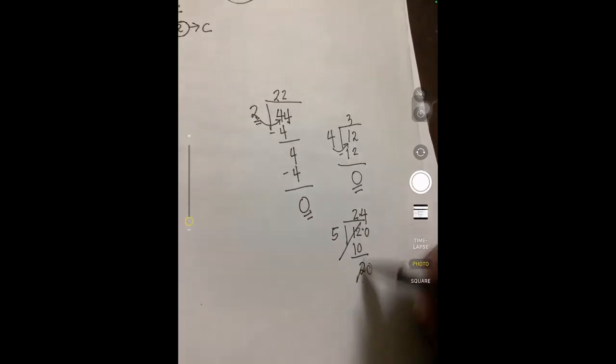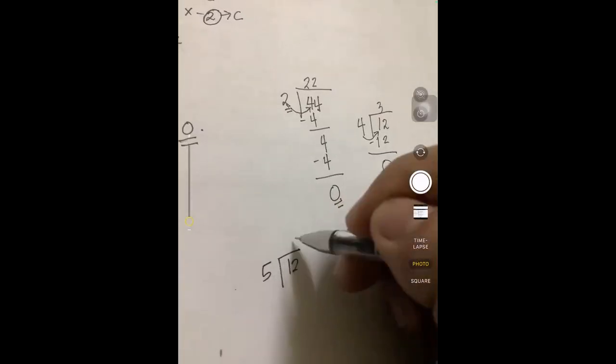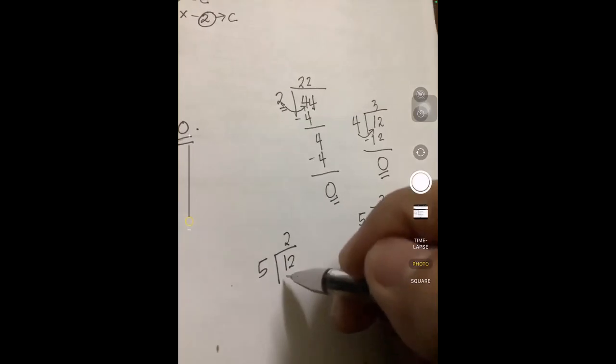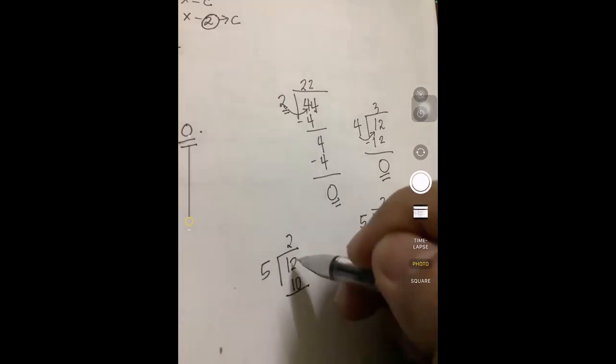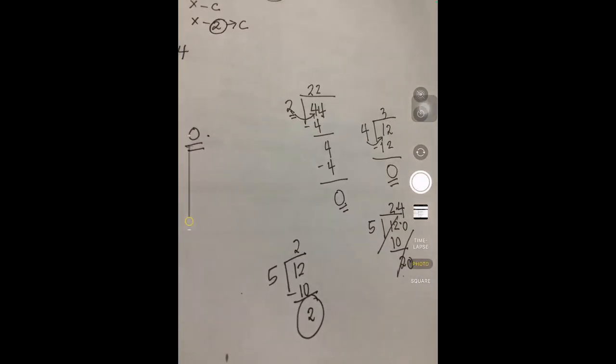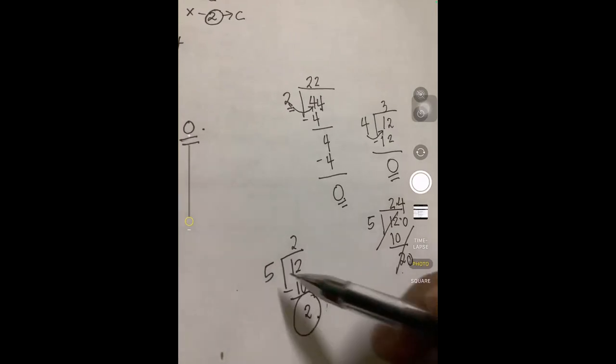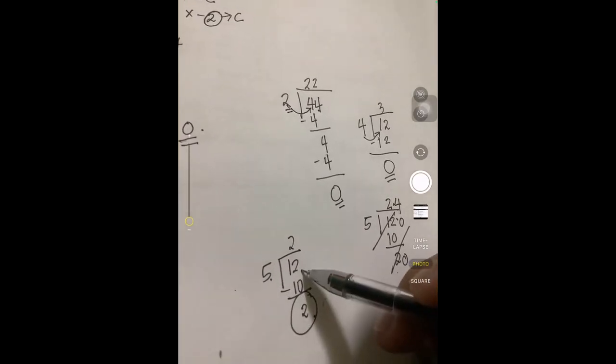I will repeat. If I have 12 divided by 5, that is equal to 2. 2 times 5, we have 10. So 12 minus 10, we have a remainder of 2. So since meron tayong remainder na 2, ibig sabihin 5 is not a factor of 12.